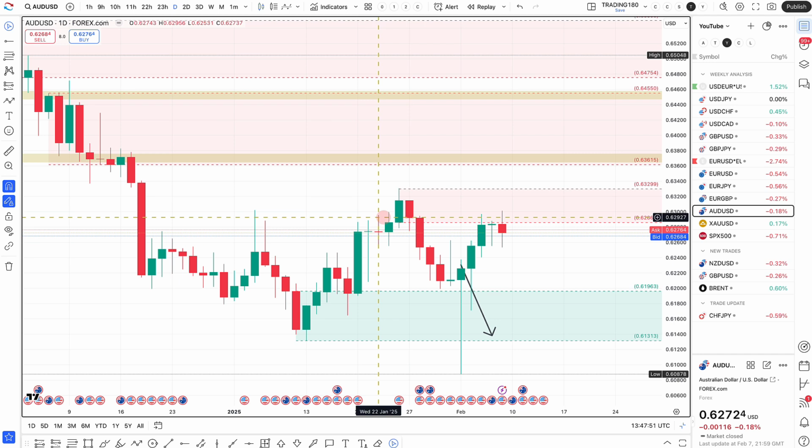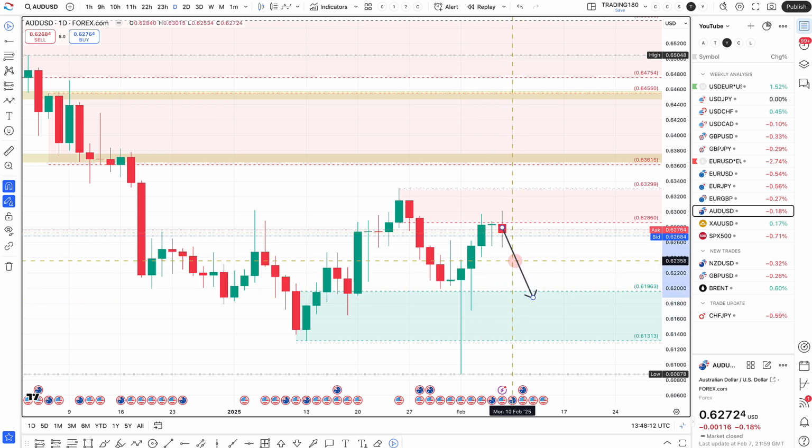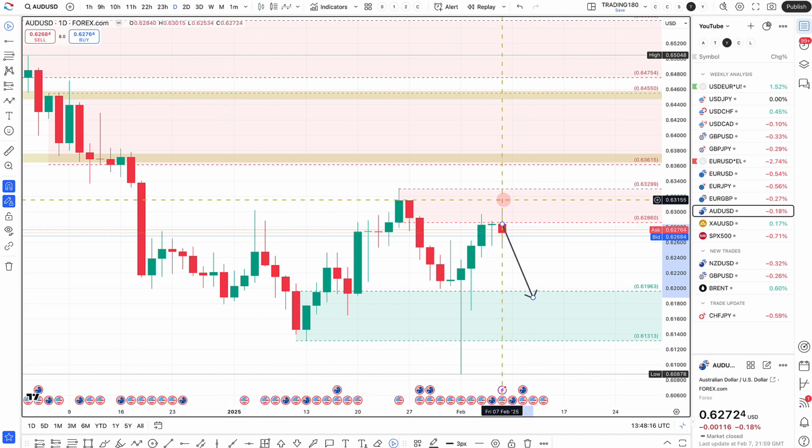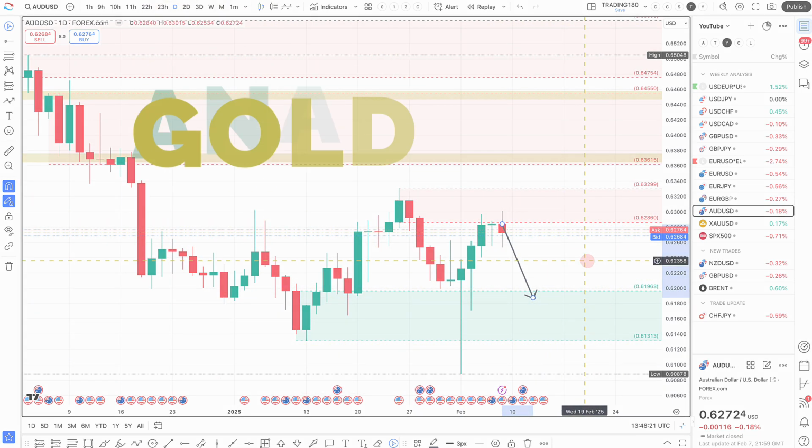So commodity currencies are going to be hit with the tariffs, but in terms of which commodity currency is the strongest at the moment, I think it's the Australian dollar. But I still think the path of least resistance should be to the downside on this pair. So if you are looking at getting short, then you should be looking at shorts now, or maybe a little bit more of a pullback before looking at going short on this pair.